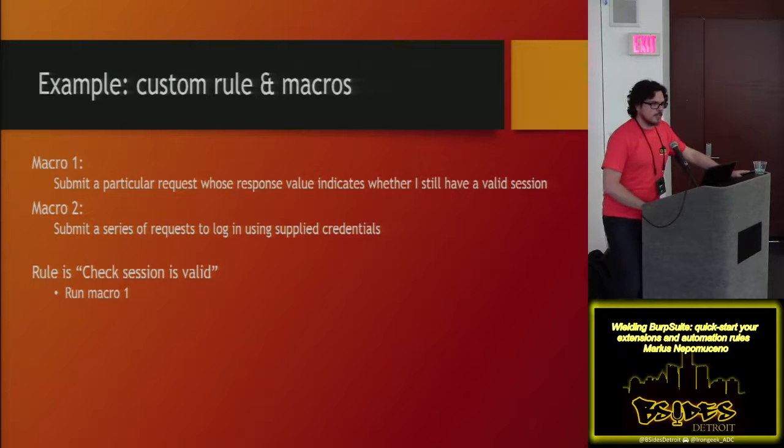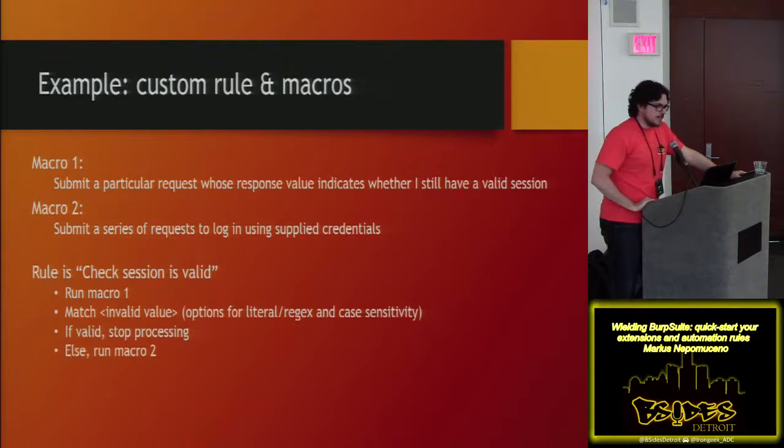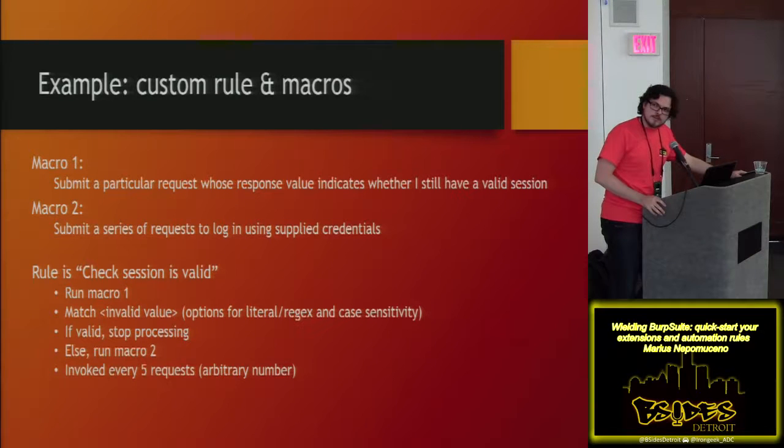And all that the rule does is run macro 1 so that I can check whether my session is valid. Match an invalid value in the response. And if the value is valid, I don't need to do anything else. I still have a valid session. Stop right there. If it's invalid, if I need to reacquire my session, run macro 2, which reacquires my session for me. And like I said, this is invoked every 5 requests. That number is arbitrary. You can put any number you want in there, any positive integer anyway.